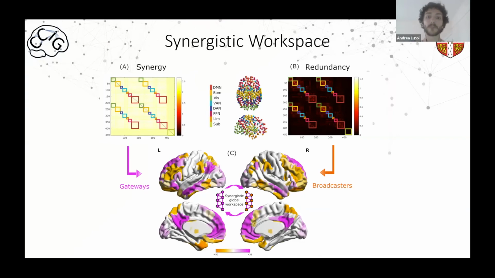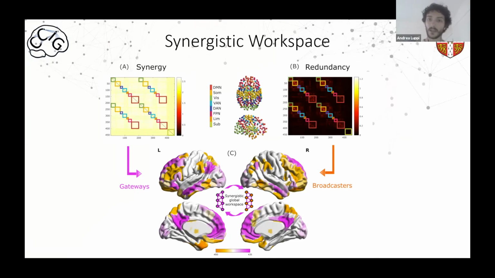But if we then further divide this workspace in terms of whether the regions are mostly talking to their own module or mostly talking to other modules, that is, to the rest of the brain, in terms of synergy or redundancy, then what we find is that the regions that perform this broadcasting, which is to say regions that generate redundant information in the rest of the brain, are not, once again, randomly distributed in this workspace.